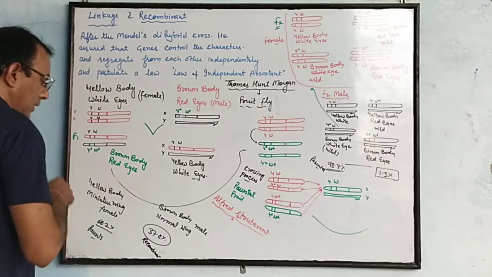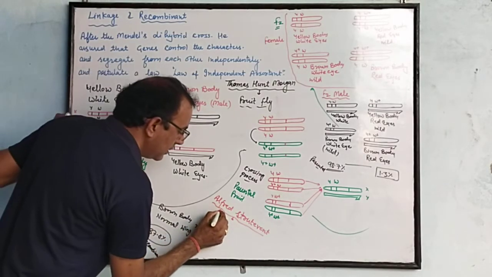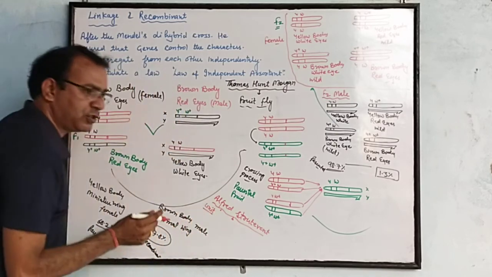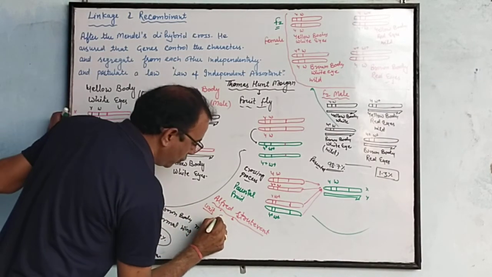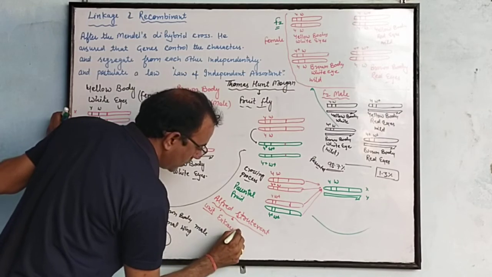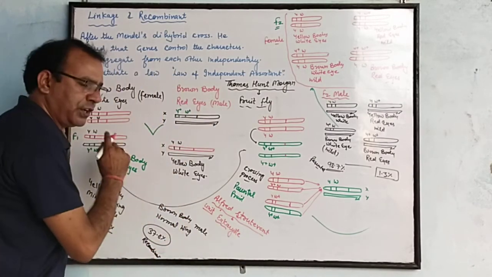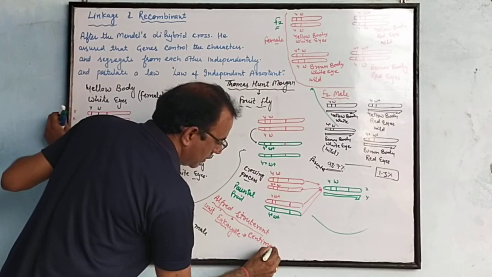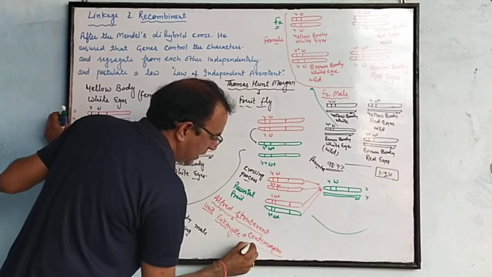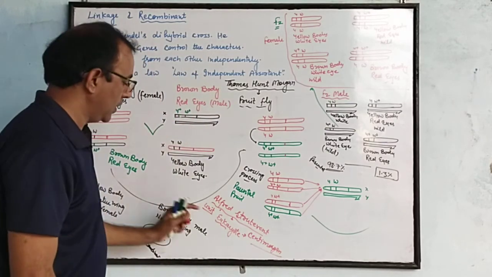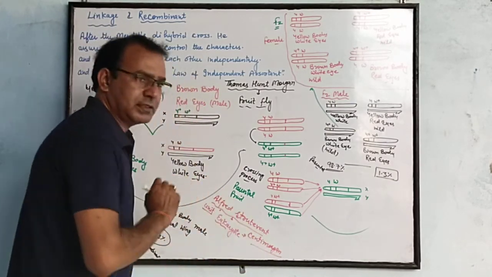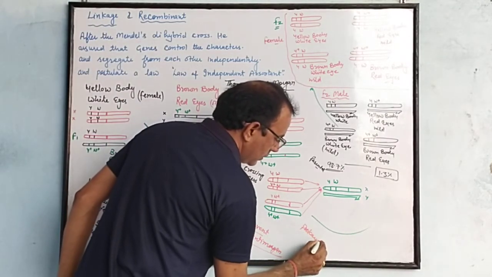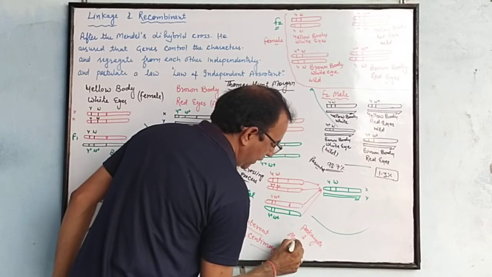He proposed a unit to measure the distance of genes on a chromosome. In eukaryotes, this unit is known as centimorgan, whereas in prokaryotes the unit is known as map unit.